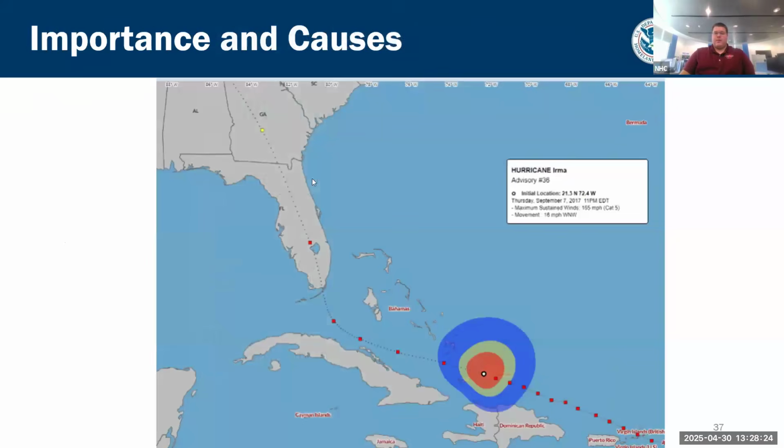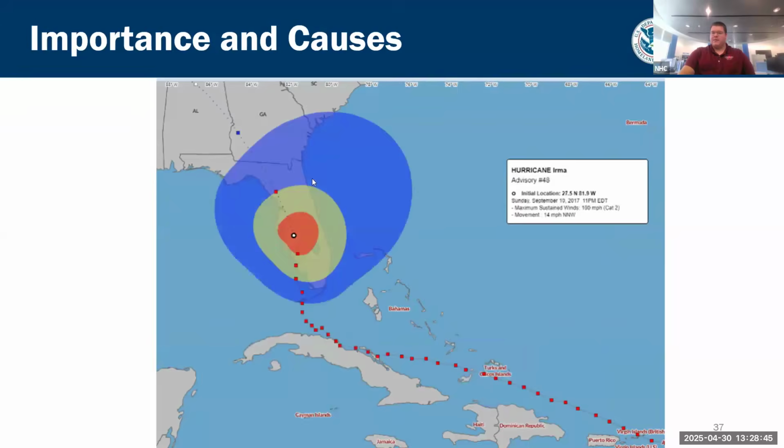Just as an example, this is Hurricane Irma. I believe it was a Category 5 here at the time. That's the current wind radii of tropical storm force winds. If you're in Florida and planning for something like this, you don't want to plan for what the storm is doing now, because, as those in Florida remember, Hurricane Irma got much, much larger after this time.